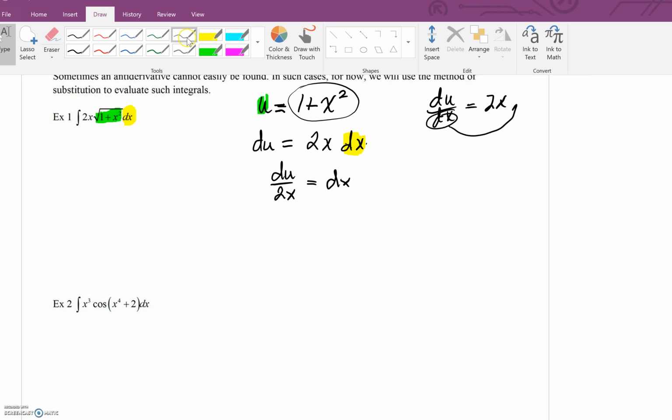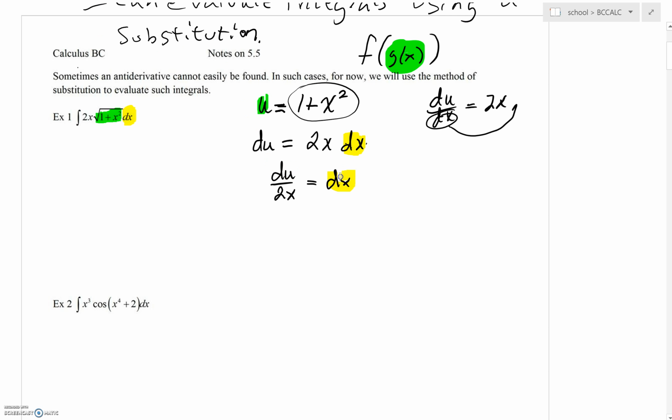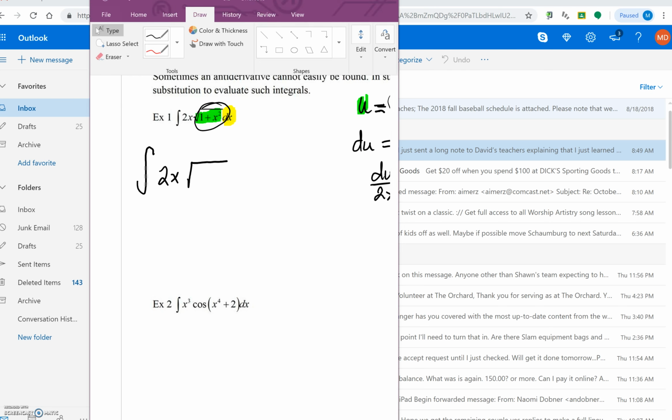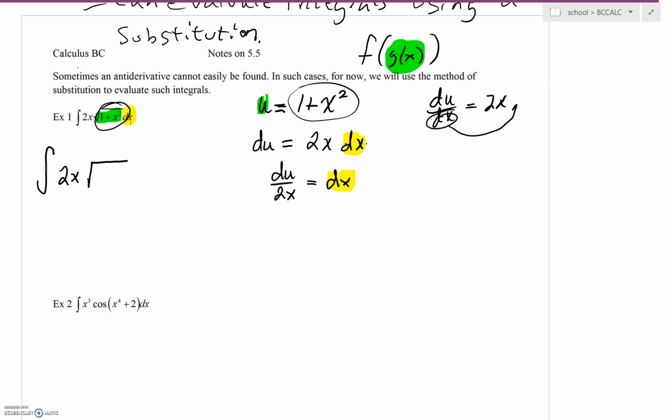So now I'm going to make some changes. I'm going to take my integral, and I'm going to say this problem is the integral of 2x. I've got the square root, but look, in green I had that 1 plus x squared. And what really was that 1 plus x squared? Well, I think we all know the 1 plus x squared was really the u, wasn't it?